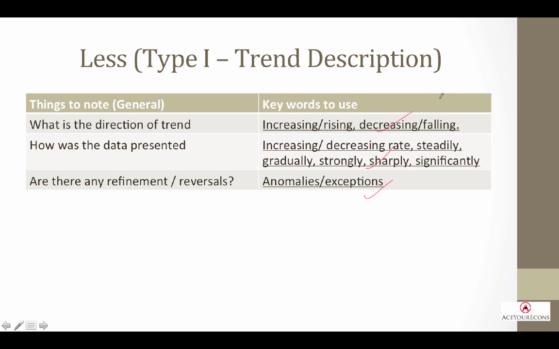This specific table is for you to use the specific keywords to indicate that there is a general trend change, a rate of change, or reversals. You must be familiar with the columns here. You must be able to use these keywords to indicate the direction of the trend, and whether there are any refinements and reversals. Start using them now. It's going to do you very good.